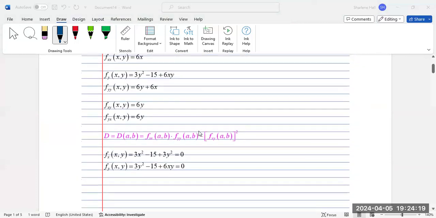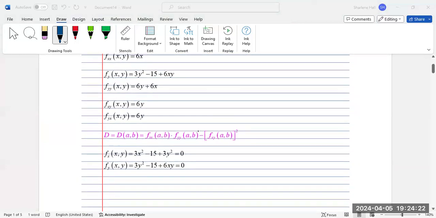All right, so when we got to that point now, we could then say 3x squared plus 3y squared is equal to 15 and call it equation 1. And then 3y squared plus 6xy is equal to 15. And call it equation 2. Look at that and tell me if you agree.